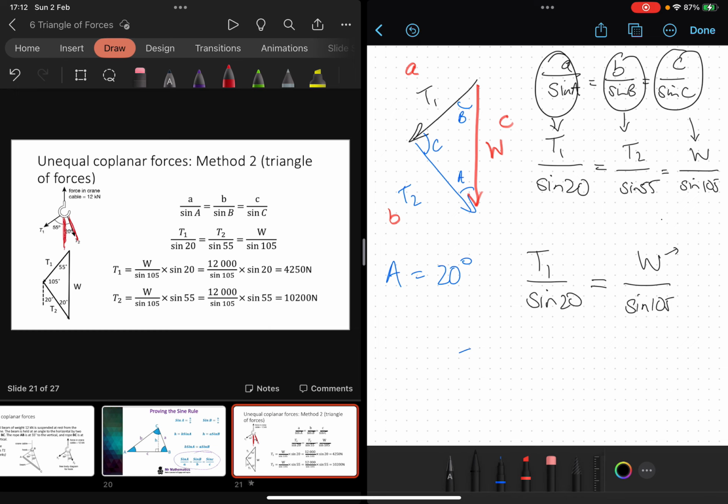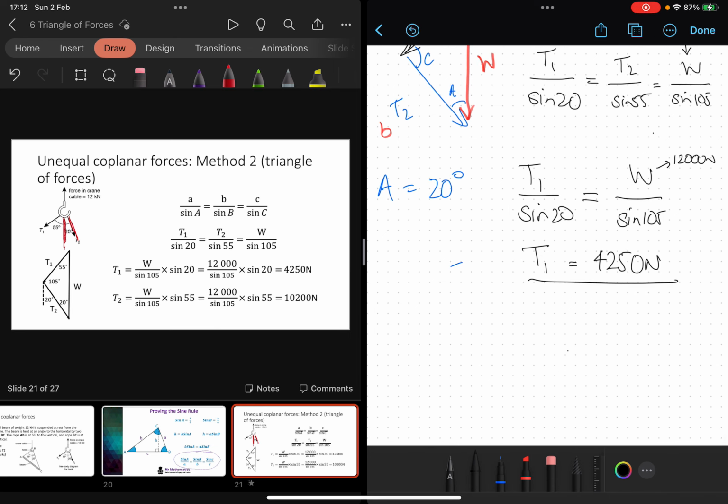And because I know what the weight is, I can now solve and find out what T1 is. If you work that through, you'll get 4,250 newtons. Similarly, T2 over the sine of 55 degrees is also equal to weight over the sine of 105.